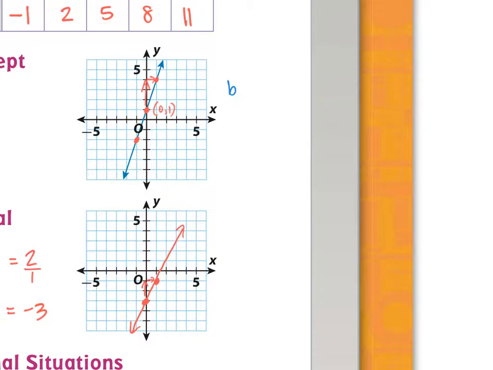If b is 0, that's the y-intercept, it's proportional. If it's not 0, it's non-proportional. So b in this case is 1, so that means non-proportional. And for number 3, b is negative 3, so that one is also non-proportional. Remember, if b is 0, it is proportional.